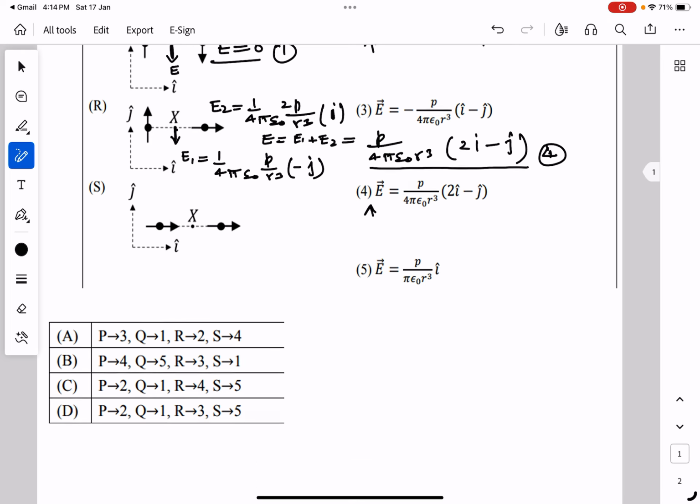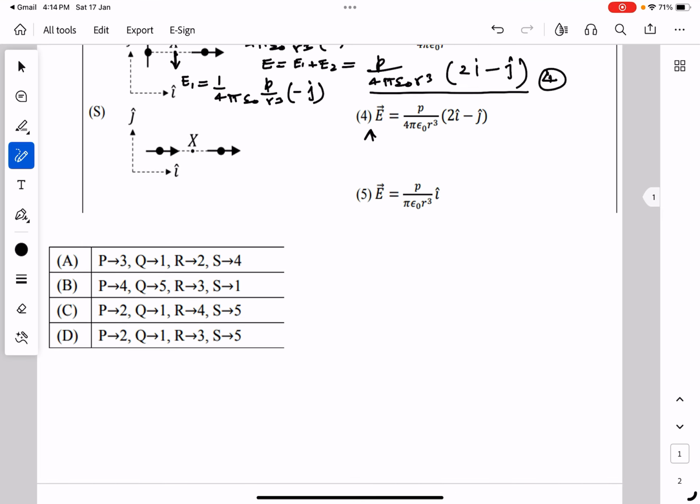Let us take up the last one. In this case, both the dipoles are pointing in positive x direction, and point x will lie on the axial position of both the dipoles. So the total electric field at point x will be equal to, since the dipoles are identical, twice of 1 upon 4 pi epsilon naught 2p upon r cube.